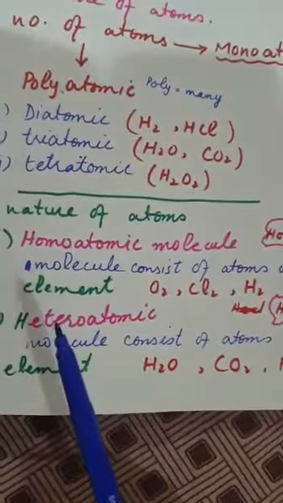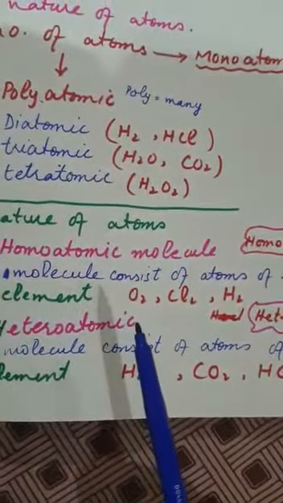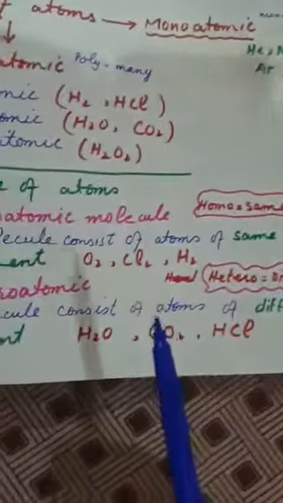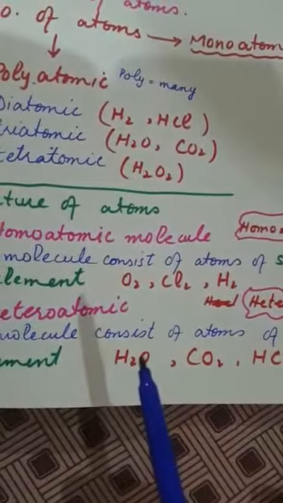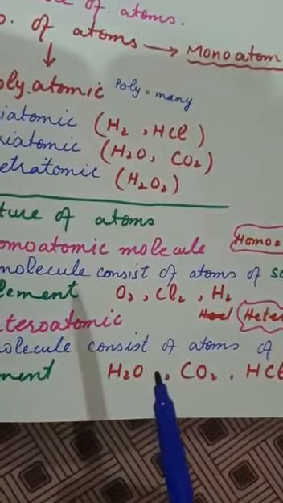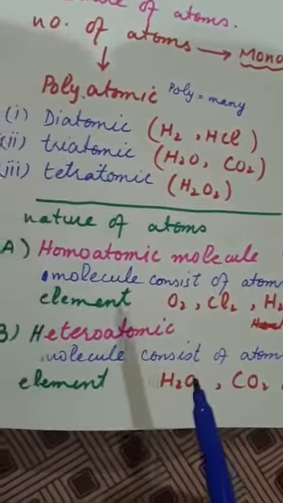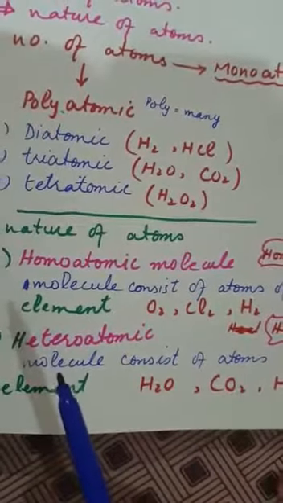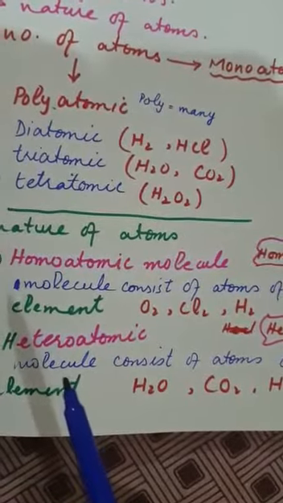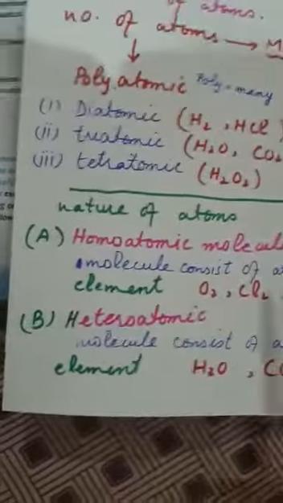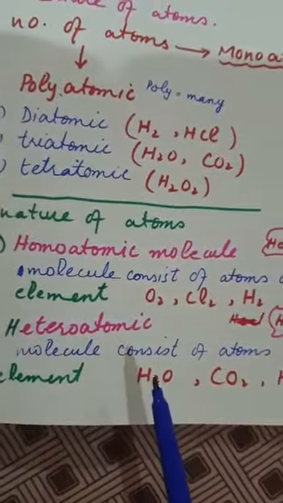Now we are going to discuss the heteroatomic molecule. The word hetero means different. So in these types of molecules you will notice different kinds or different nature of atoms present in a molecule. So how will you define the heteroatomic molecule? The molecule which consists of atoms of different elements, that is hydrogen.